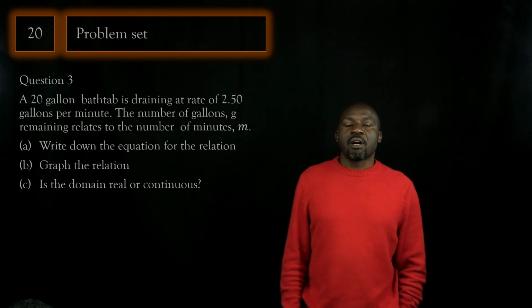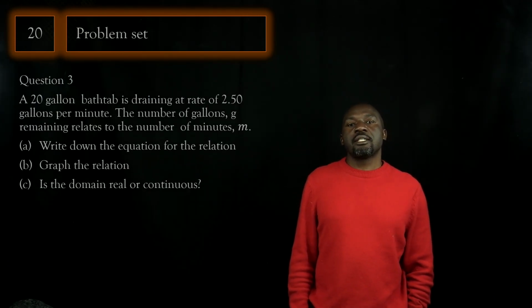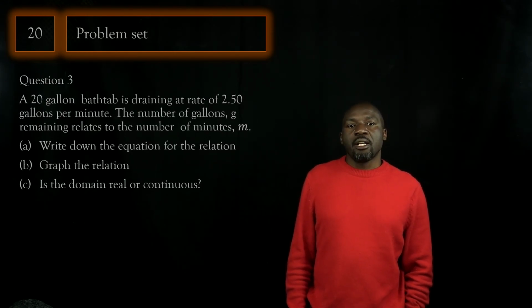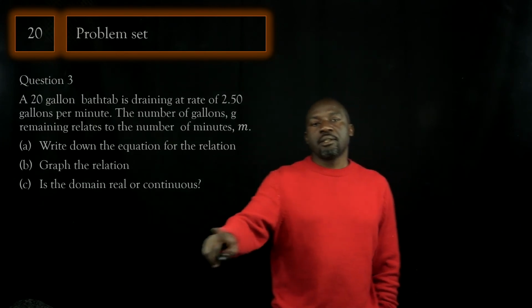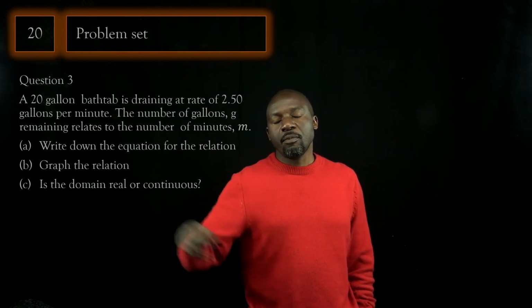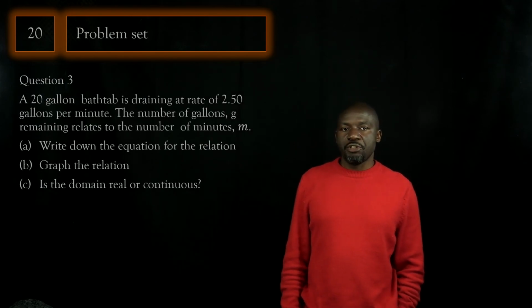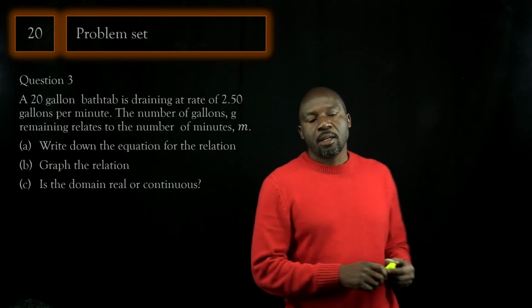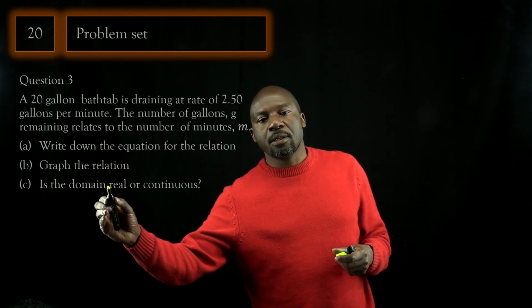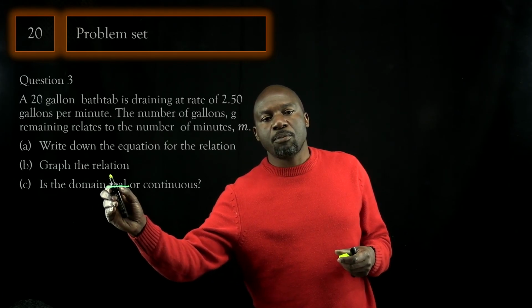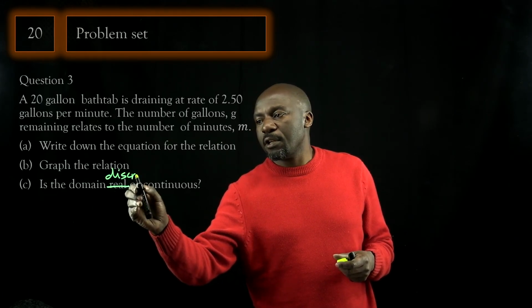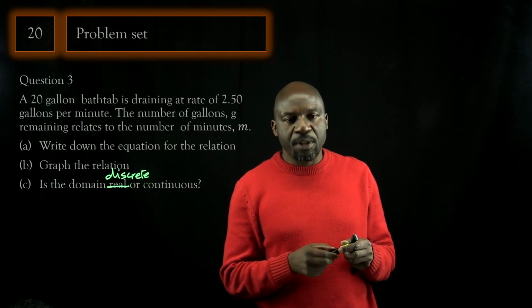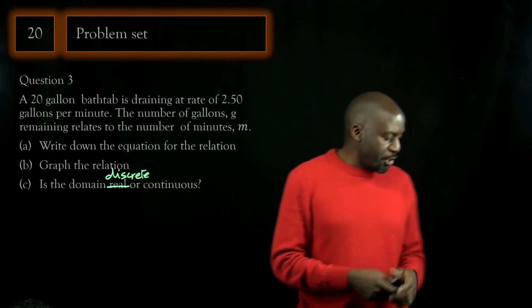Graph the relation and then state whether the domain is discrete or continuous. It is real, but is it discrete or is it continuous? So decide whether it is discrete or it is continuous.